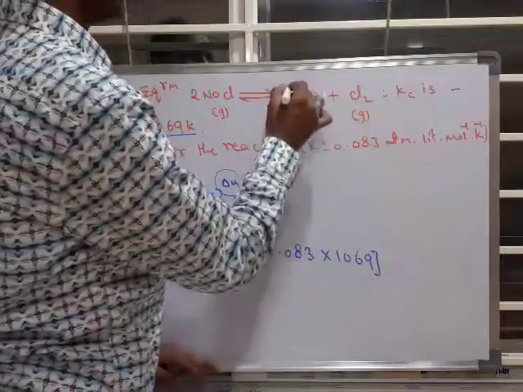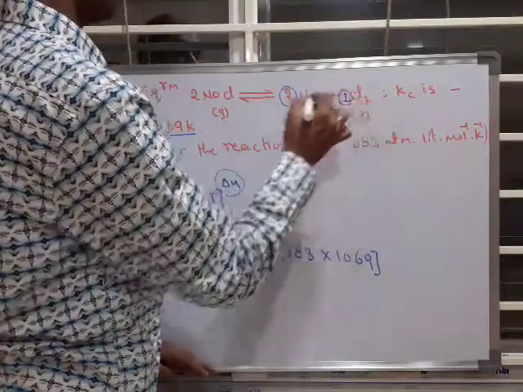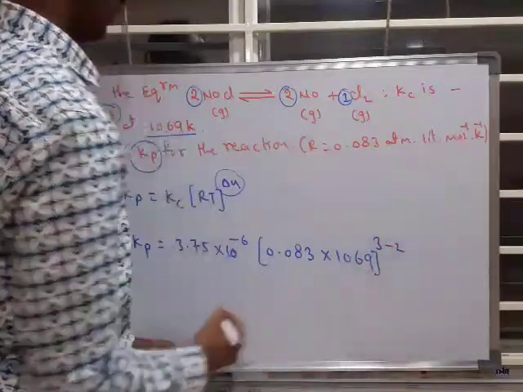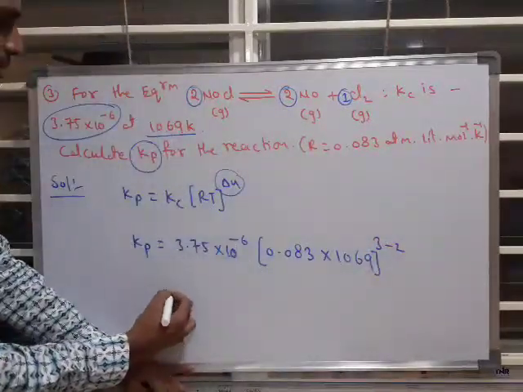So how many gases here? 2 moles, here 1 mole. Total 3 moles, here 2 moles. So 3 minus 2, just 1. So no need to write separately.